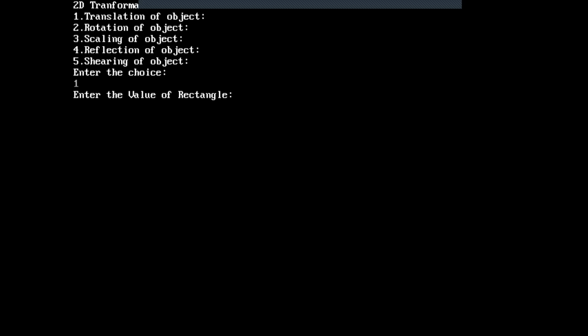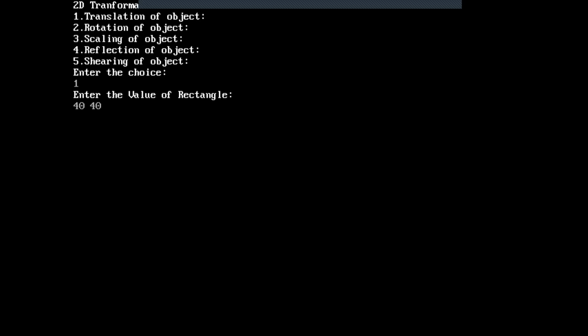Then it is asked the value of the rectangle. So the values of the rectangle I will be putting, that is 40, 40 instead of 10, 10, so that it will be better visible. Otherwise 10, 10 will be the corner of the screen only.